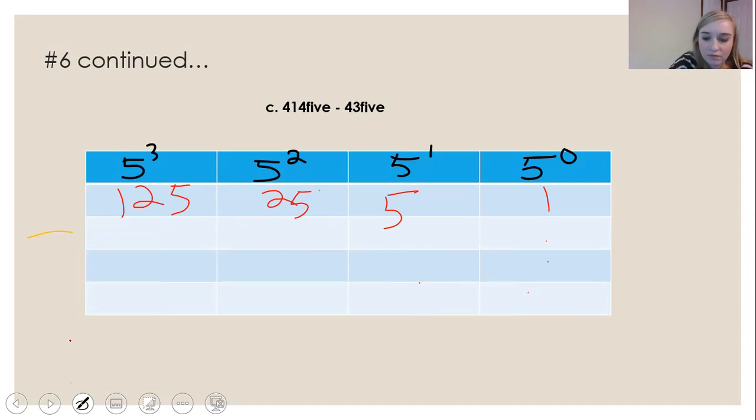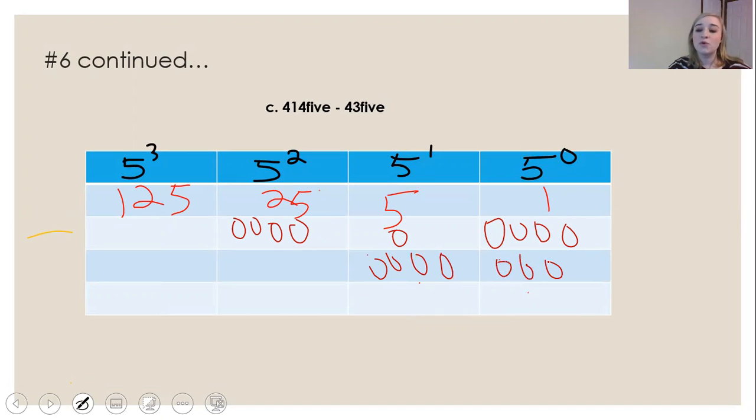So 1, 2, 3, 4. 4 minus 3, 1. We can't do 1 minus 4. So what we're going to have to do is borrow 1.